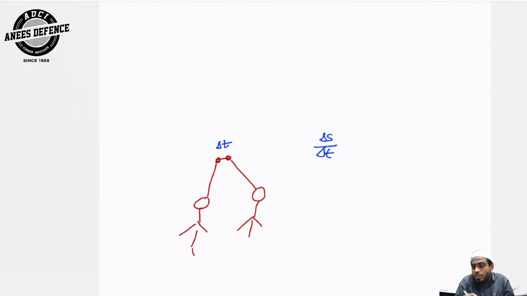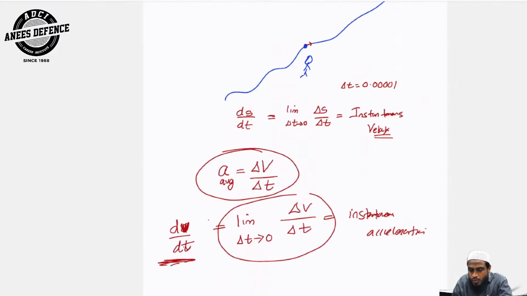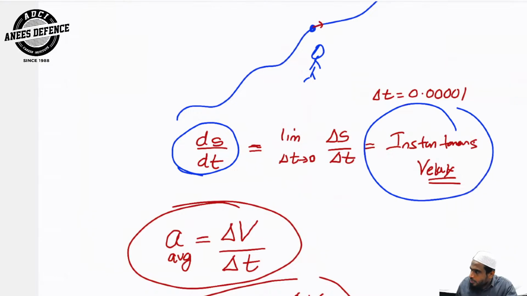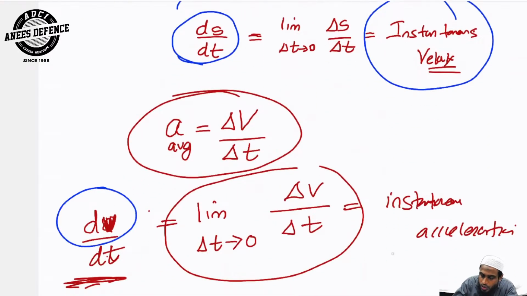Similarly, if we are calculating instantaneous change in distance, we will call it instantaneous velocity. If we are calculating the instantaneous change in velocity, we can call it instantaneous acceleration. Understood?